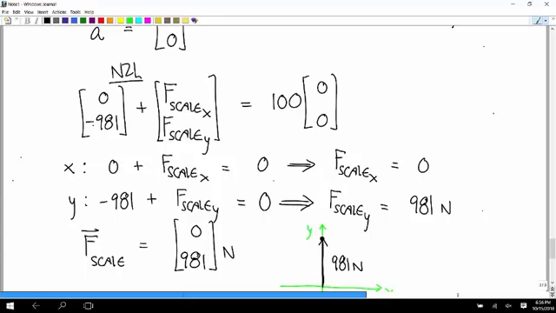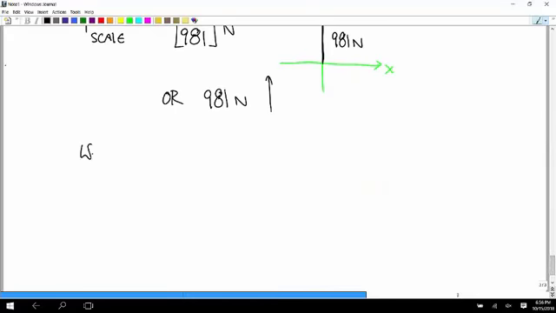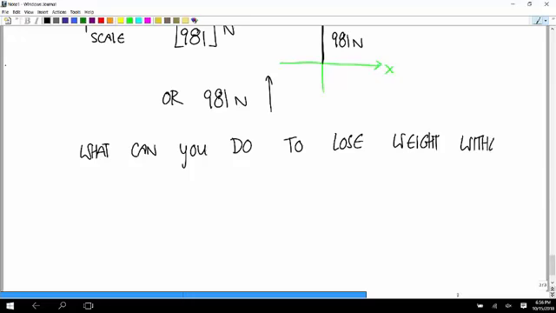Okay, so say you want to lose weight. So what can you do to lose weight without diet or exercise, without waiting a whole bunch of weeks and stuff like that?